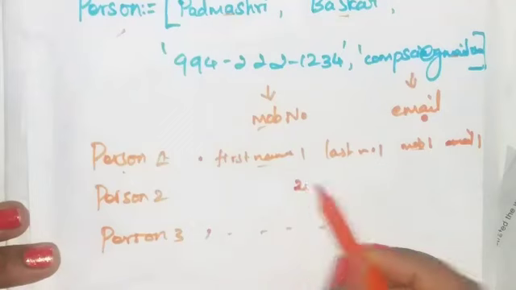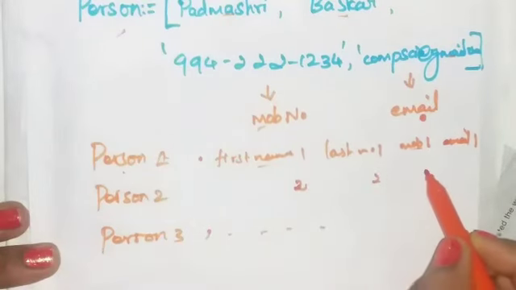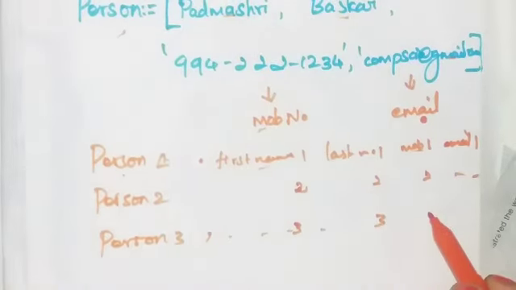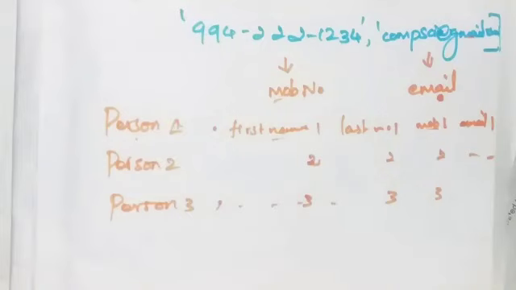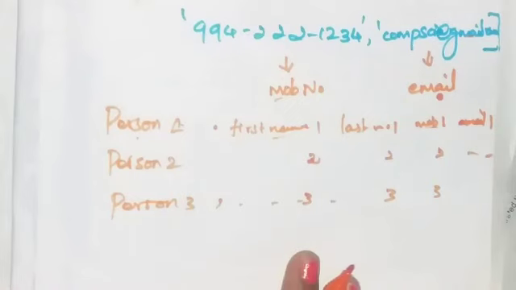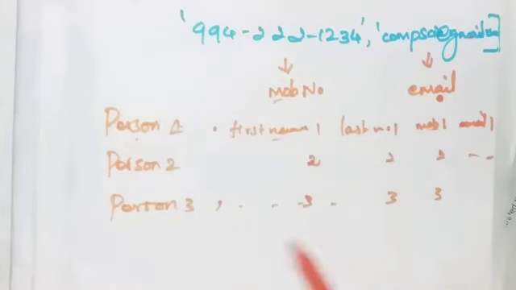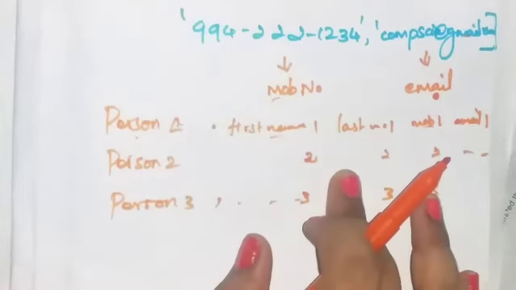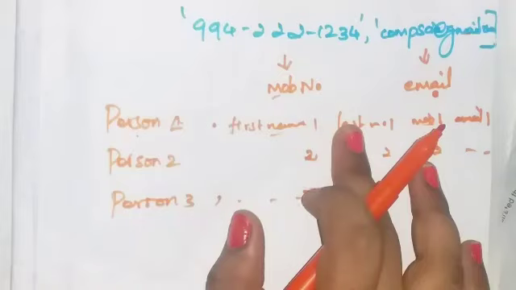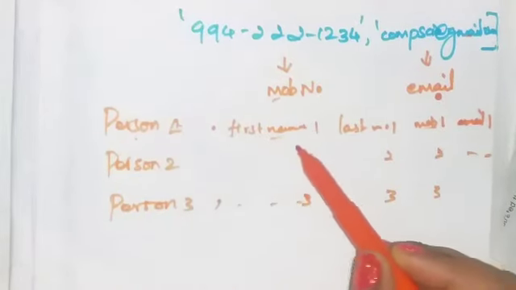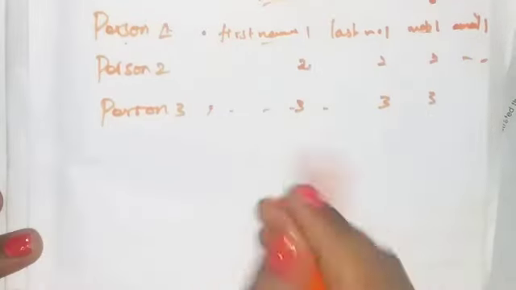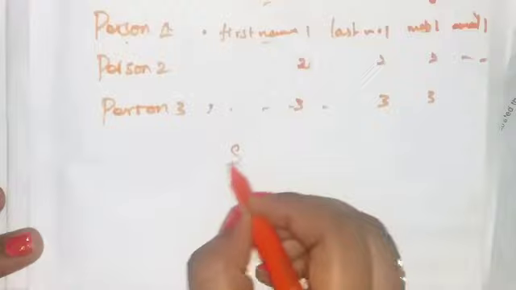For person 2, first name 2, last name 2, etc. For person 3, first name 3, last name 3, mobile number 3. So if you want to store 100 persons in a list, it is very difficult to write these variables again and again. This way is very difficult for several persons, because you need to create several variables for each person. But you can solve this problem by using structure.